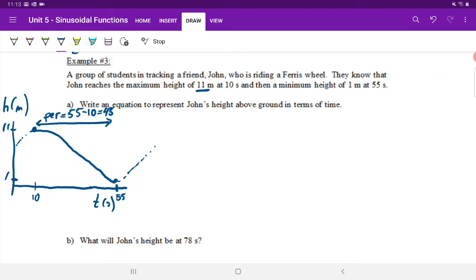Your period is actually 45 seconds times 2. Double it. If it's 45 seconds halfway through, you've got to double it to get the full period. So 90 seconds is our period here. Let's find K since we're already here.